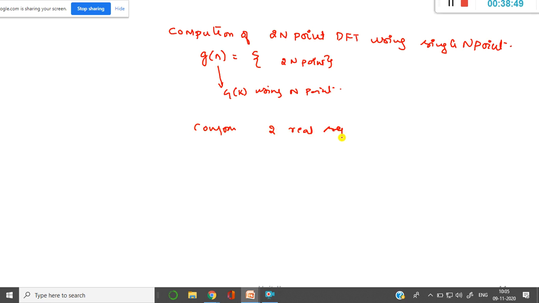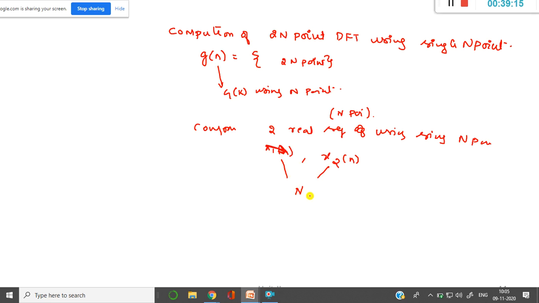Okay, previous to this was computation of two real sequences using a single n-point DFT. Two real sequences of n-point, right? Which means x1 of n was an n-point sequence, and x2 of n was one more n-point sequence.